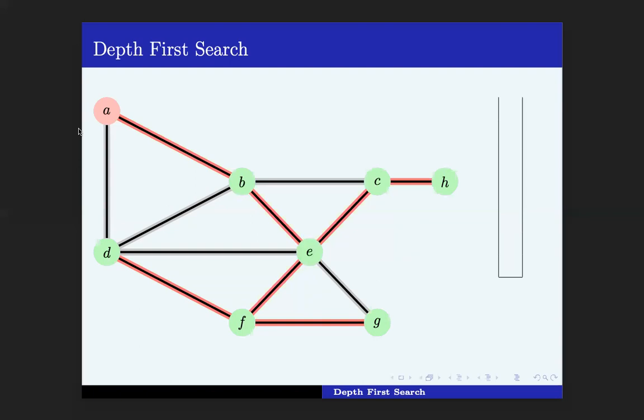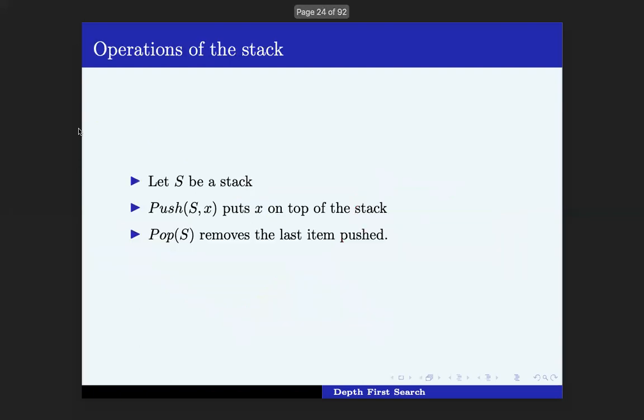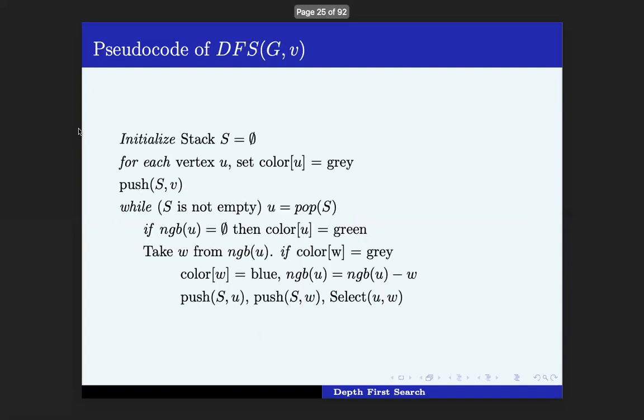So if you have to write this pseudocode, how will you write it? Okay, so we have the stack S, and we have two operations: you can push some element X into S, or you can pop the last element out from S. So this is the pseudocode, and a simple one. We go over all the vertices. We initially color every vertex.